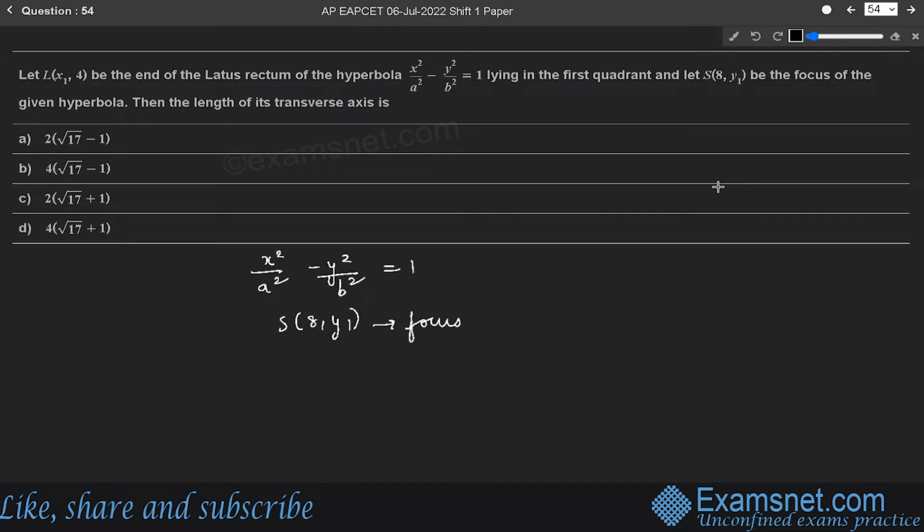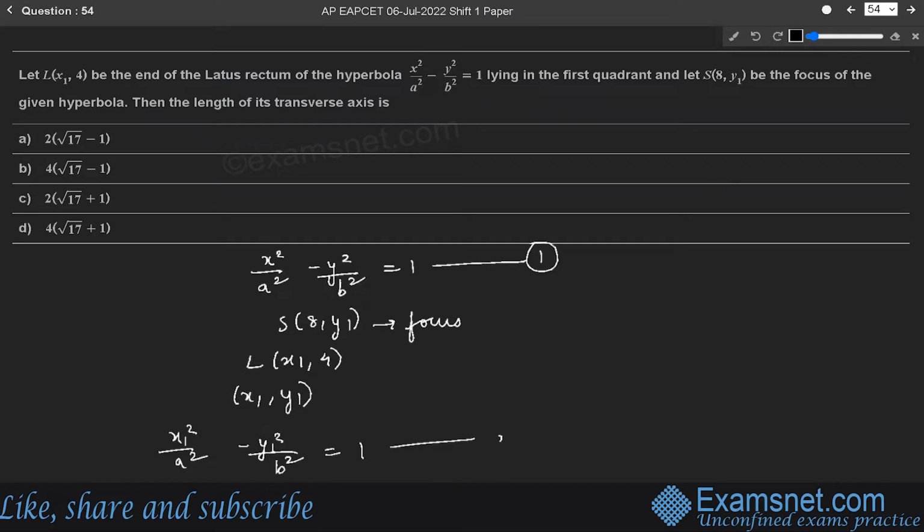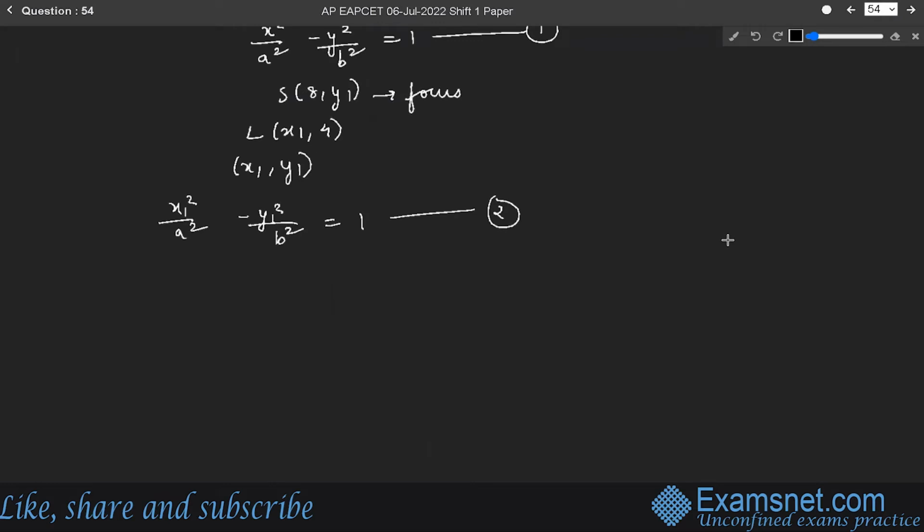We know that here latus rectum is given by L x1 comma 4 and it passes through the points x1 comma y1. So it becomes x1 square upon a square minus y1 square upon b square is equal to 1. Let this be equation 1 and let this be equation 2. We have to find length of its transverse axis.